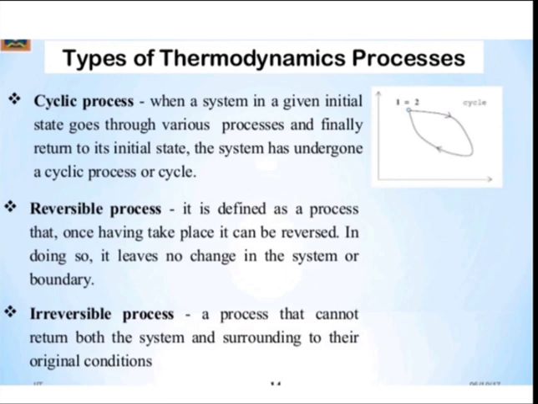When a system in a given initial state goes through various processes and finally returns to its initial state, the system has undergone a cyclic process or a cycle. See this diagram, the pressure-volume type of diagram. Suppose here P1, V1, T1 is there, and here P2, V2, T2 is there. The system moves from this point to this and again comes back to the initial point. This is called a cyclic process.